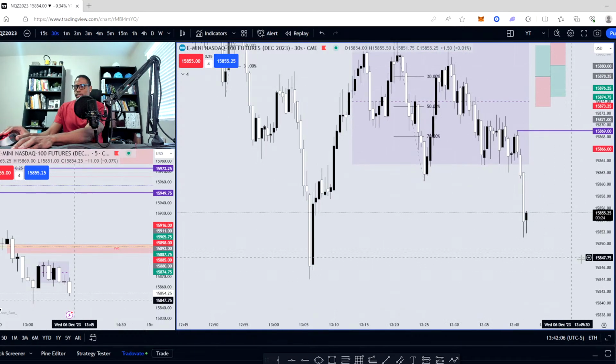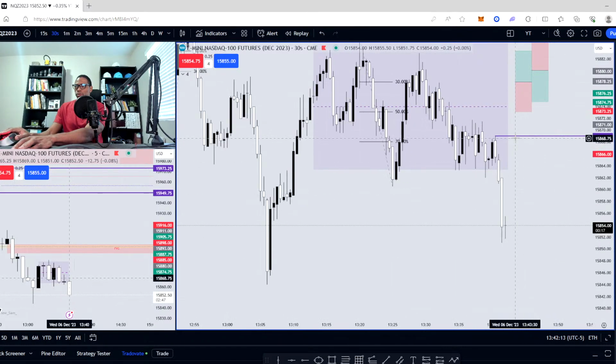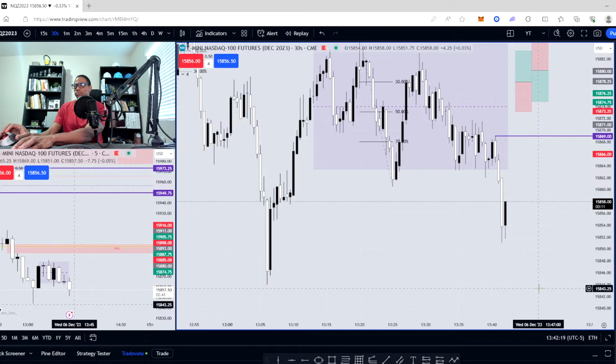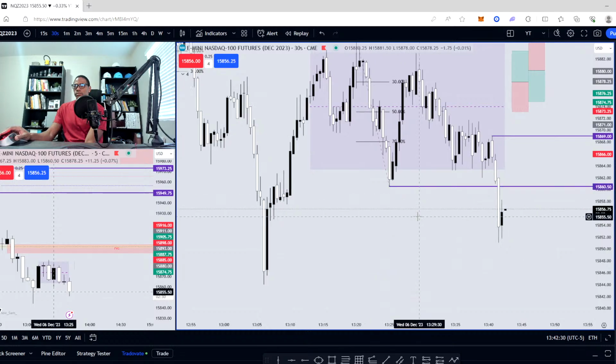I'd rather see the next setup happen in this area or lower. So I'm not really interested in this high being taken. I'd like to see a high set here and then have that one eclipsed for a move lower. Let's hope this position provides some resistance.